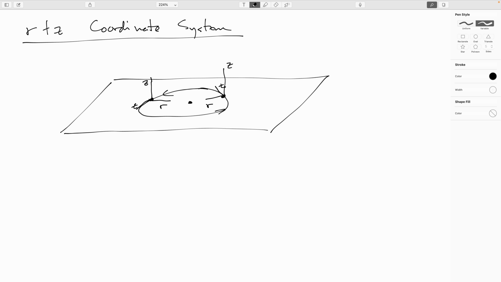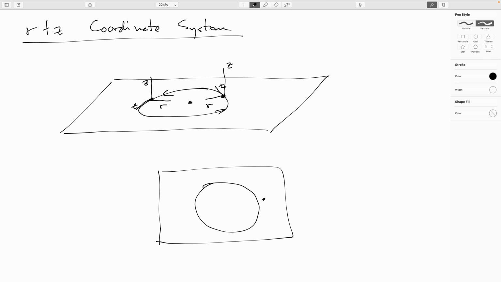So for instance here, if we're looking down from above, so here's my plane of motion, and I've got something going around in a circle like this. Let's say at this point here I've got, I don't know, a force. If this is my center of curvature here, we can go ahead and define this angle phi.